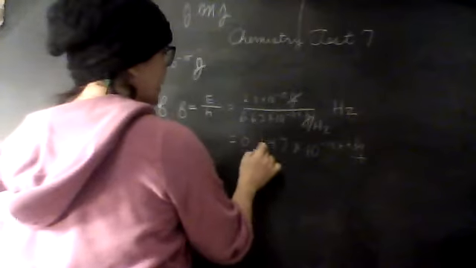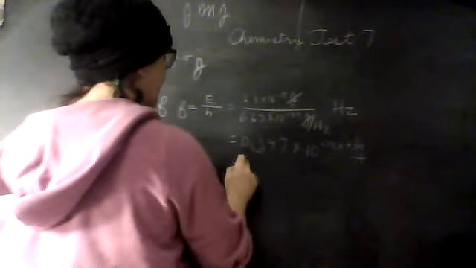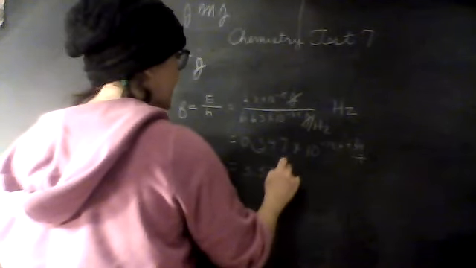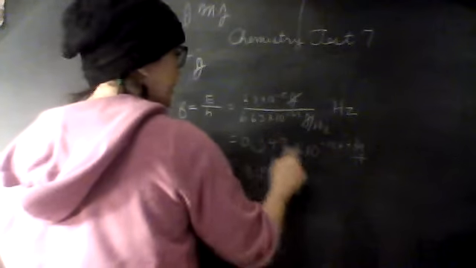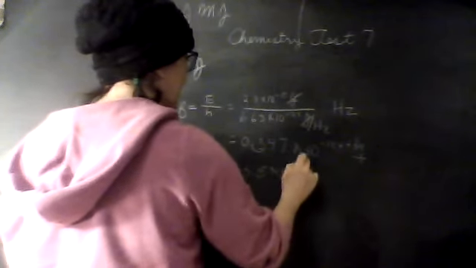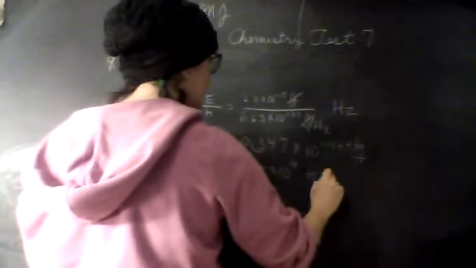I have to move this over to give me the proper notation, and I can only have 2 to make that 3.5 times 10 to the 18 hertz. Okay, so that's step 1.